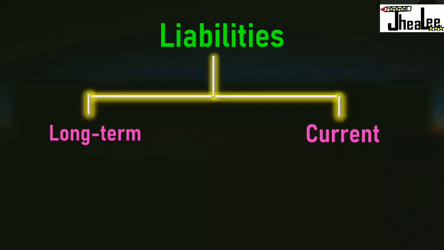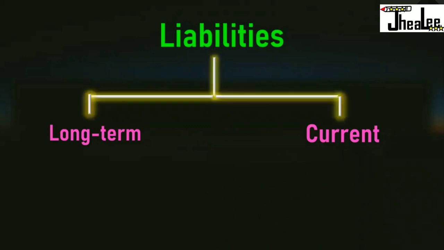While for a current liability, payment must be made within the 12-month period, so within the year. Current liabilities are items that have to be paid within a year, while long-term liabilities are items that have to be paid in more than a year. You have more than 12 months to pay this amount that is owing.